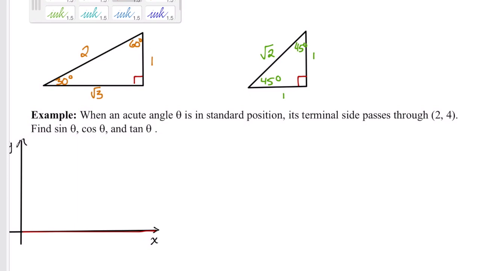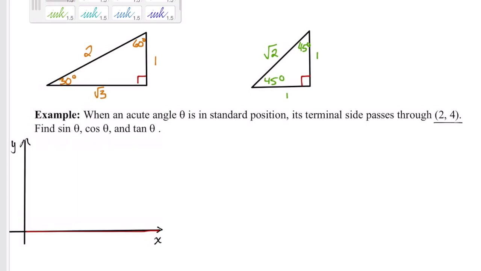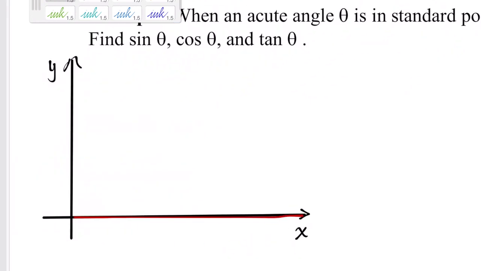So first thing I'm going to do is find where (2, 4) is. So I go over 2 and up 4. So I'm going to say it's about here. It's not necessary that it has to be perfect. It's just convenient.